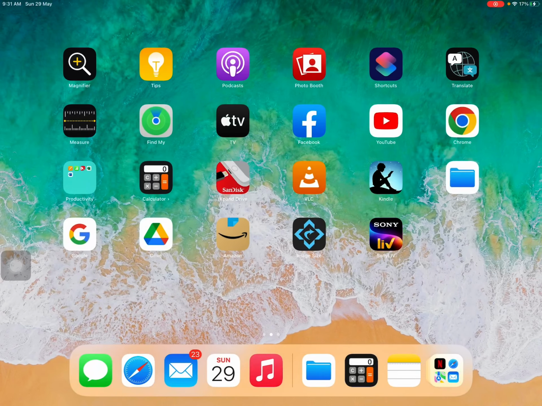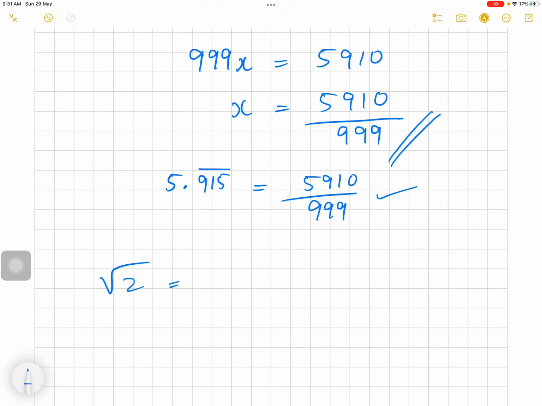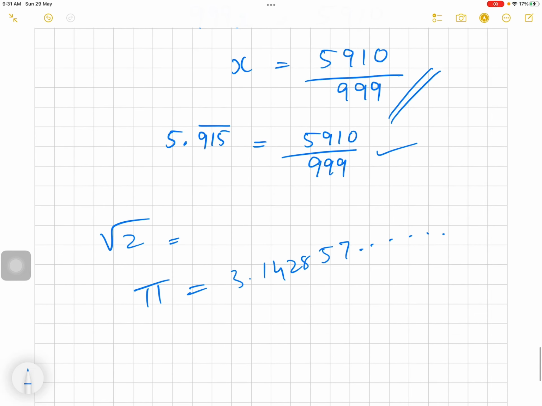Pi is equal to 3.142857, and it keeps on going. You can say that pi is equal to 22 by 7, but this is not the exact number. So pi is also an irrational number.